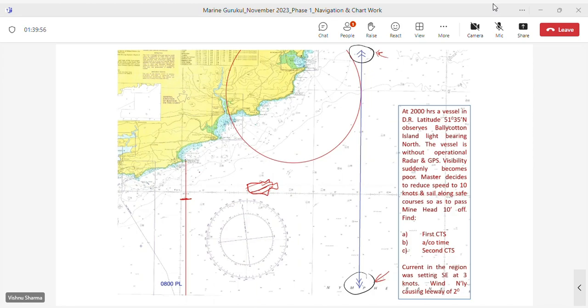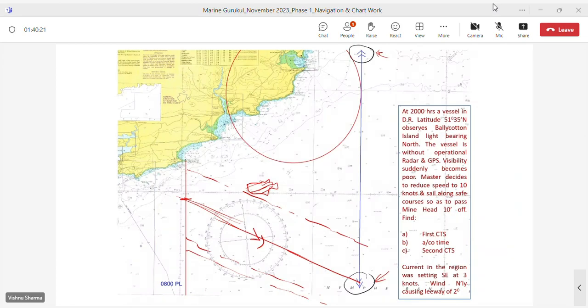Now I know I can't go this way, perpendicular to it. Based on the wind and current, I want to go this way. How much will I go like this? I will go like this so that I can draw a safety margin here. Am I right, beta? Yes or no? Now this part is clear.